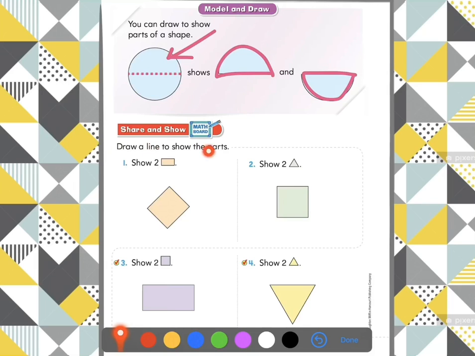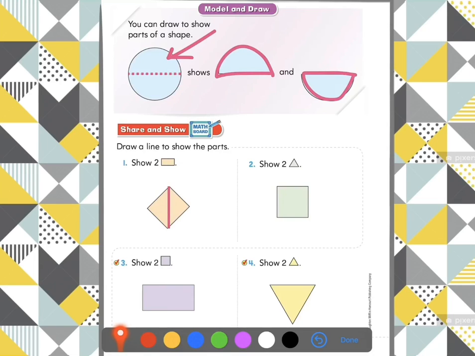In number 1, they said show two rectangles. Now, in my first shape, I need to draw a line. Now, look at this line. Is it the correct way to draw it? Am I going to get two rectangles? Very good.